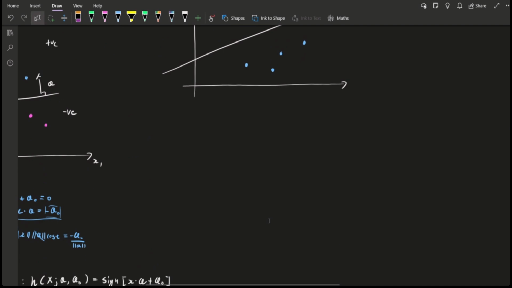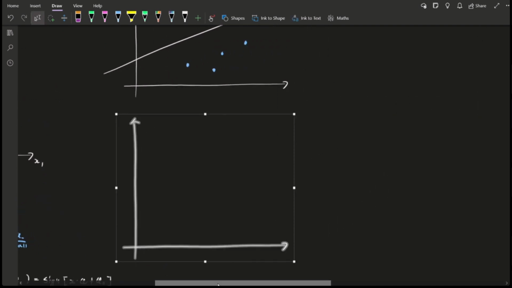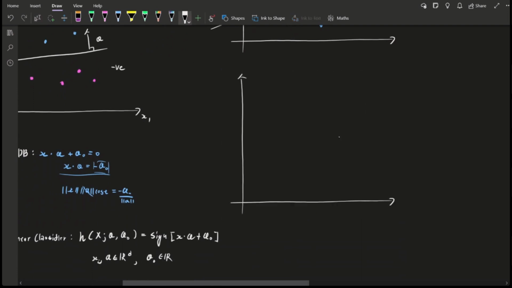However, there are also really, really simple cases where the data set is just not separable, even though your data set has really few data points, right? So for example, one such data set will be 4 points that looks something like this. Okay, if your data point looks like this, it is no longer separable. Well, no matter how you draw the decision boundary, you will always classify something wrongly, right?